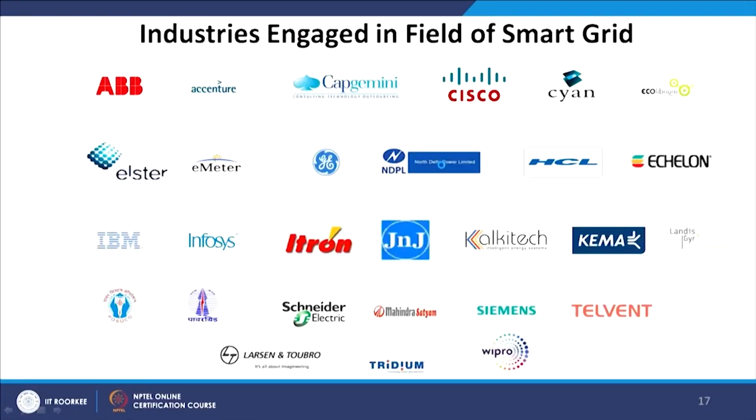And there are so many industries who are currently working on smart grid. So, you can also choose a future with industry, and to name a few: ABB, Accenture, Capgemini, Cisco, HCL, NDPL, General Electric, eMeter, Elster, IBM, Infosys, Kema, Siemens, Schneider, Mahindra, Power Grid, Posoco.